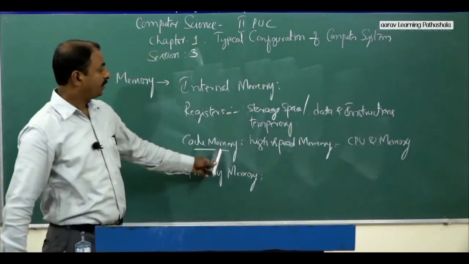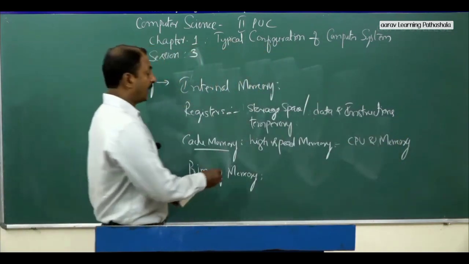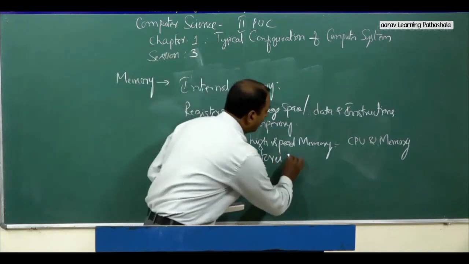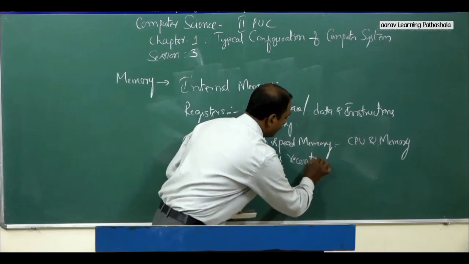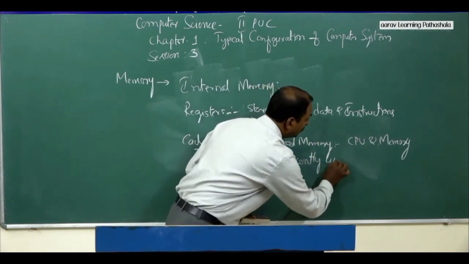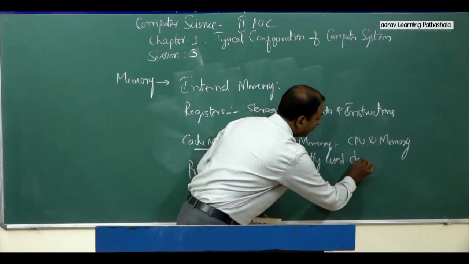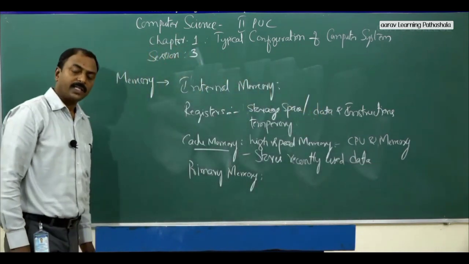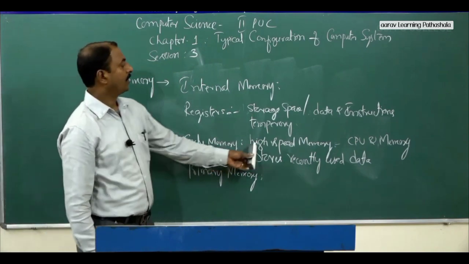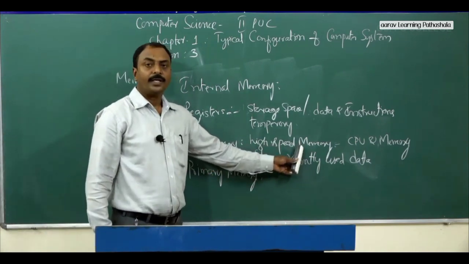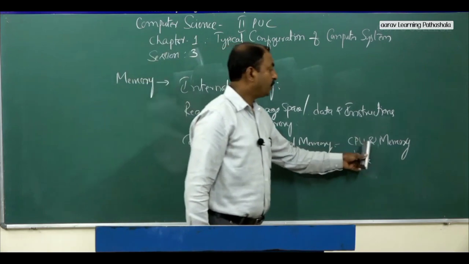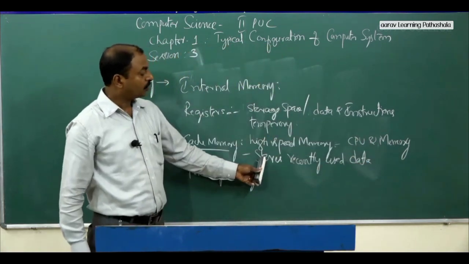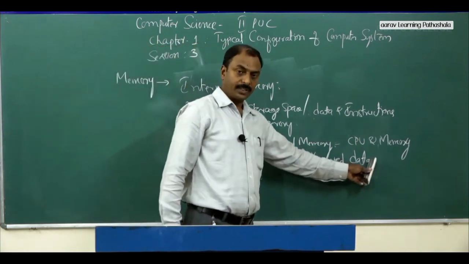Normally this cache memory stores the recently used data and instructions. So cache memory is a high speed memory, placed between the CPU and the memory system on the motherboard, and it is used to store recently used data.